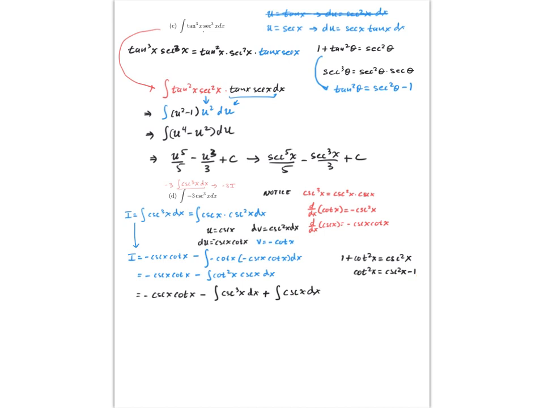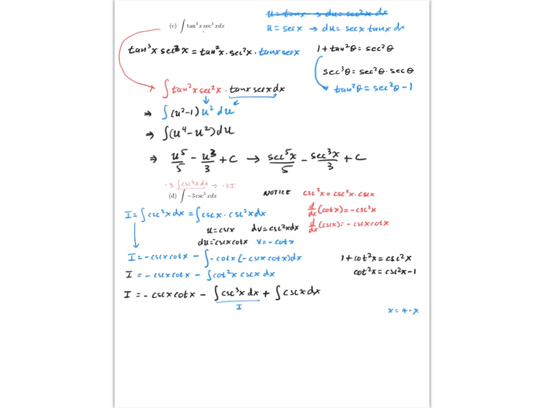Now here is the important thing. Notice that all of this is I, but I was defined to be exactly this. Therefore, you'll be able to combine this with this. That will be just like if you're trying to solve the equation, let's say x equals 7 minus x. You will move this to this side, you will end up with 2x equals 7, and you just divide by 2.